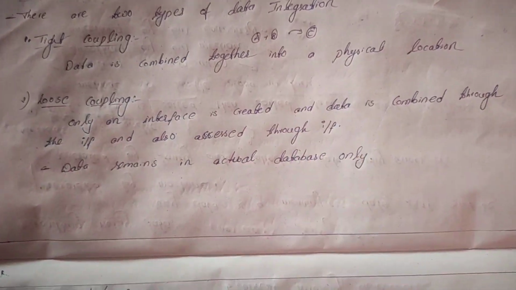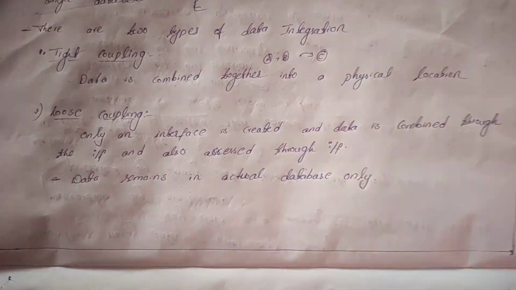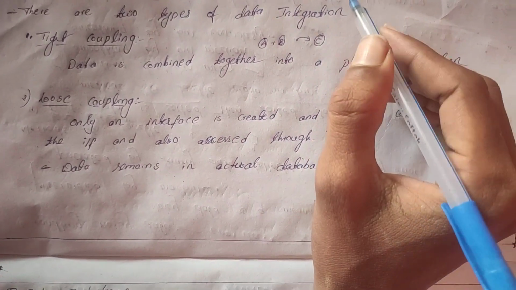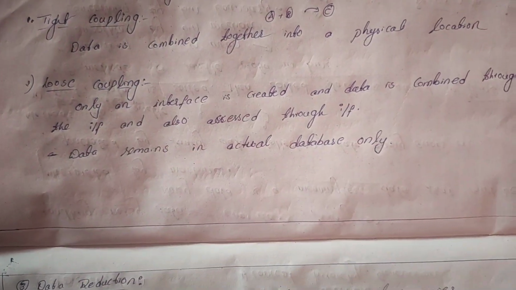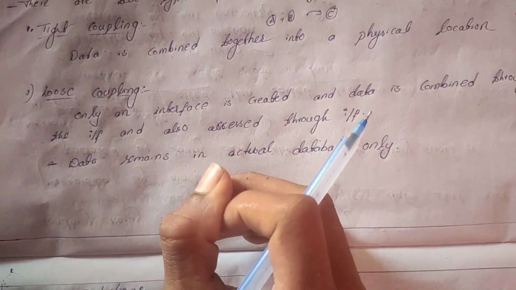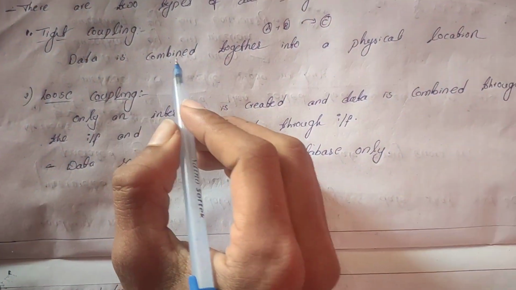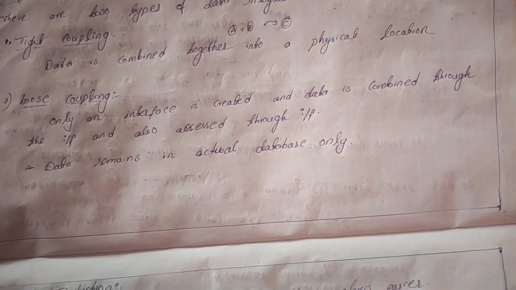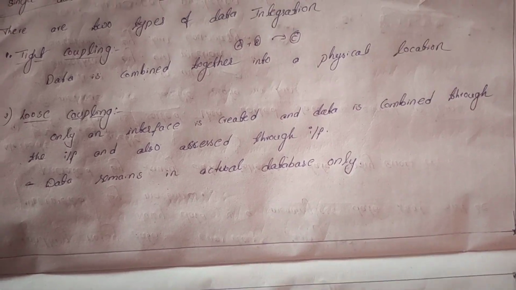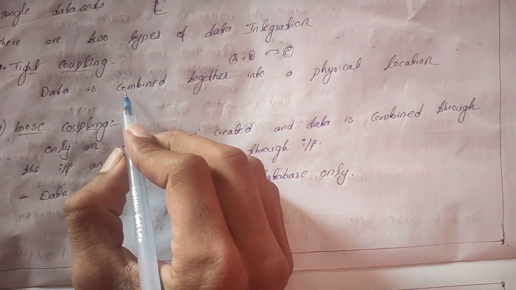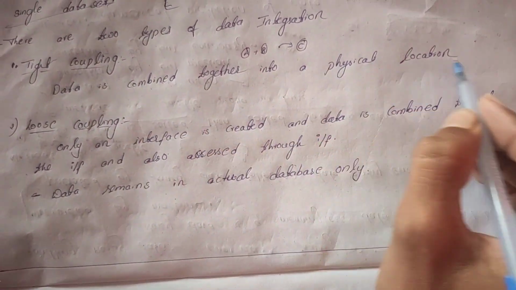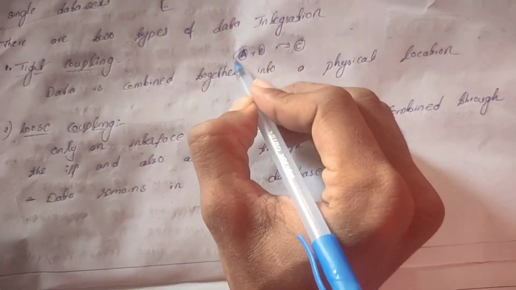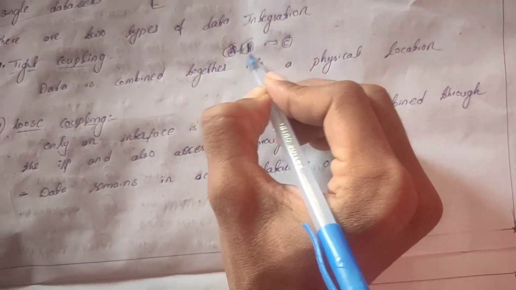Okay, data integration involves two approaches. One is tight coupling and the other is loose coupling. In tight coupling, data is combined together into a physical location. We already discussed this in data preprocessing also. Here A is one data set and B is one data set.